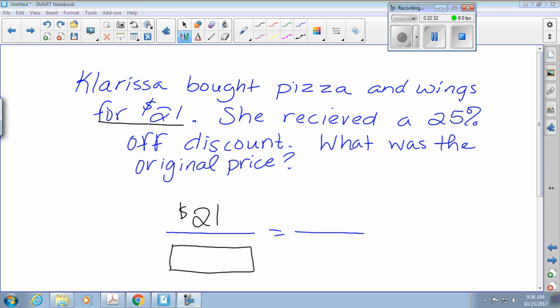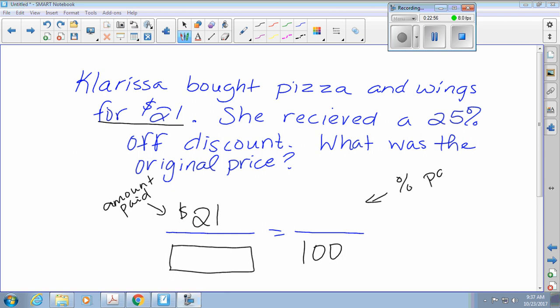Okay, I'm back. We know percents are out of 100. Very good. So now we have to decide what percentage represents a percentage. Remember, this is the amount paid, right? So this should be the percent saved or the percent paid?